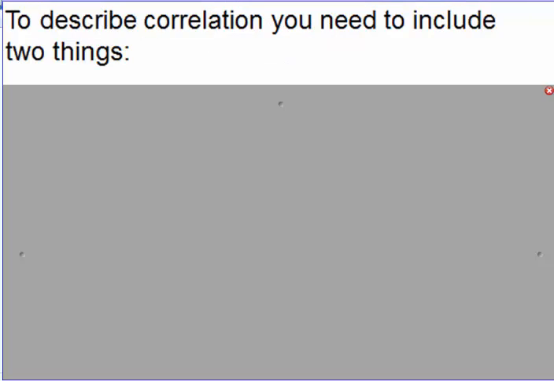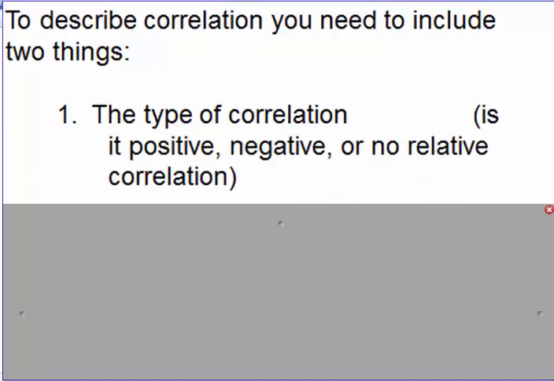To describe correlation, one of the questions I'm going to ask you on your test is to describe the correlation of your scatter plot. There are two parts that you need when you describe the correlation of your scatter plot. The first is the basic general type. Is it positive, is it negative, or is there relatively no correlation? Positive, negative, or really none.